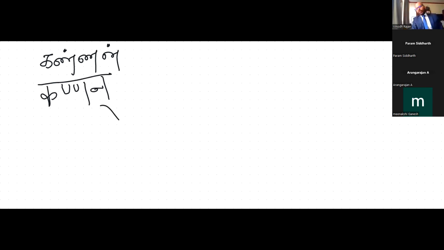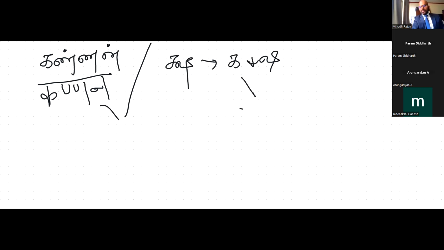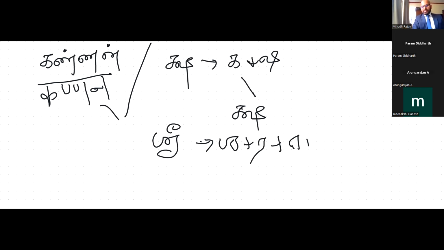In Tamil, we don't do that, except for one exception: the word ksha, where k and sha fuse to become ksha. And you have the word shri, basically sha and ra and e, which becomes shri.